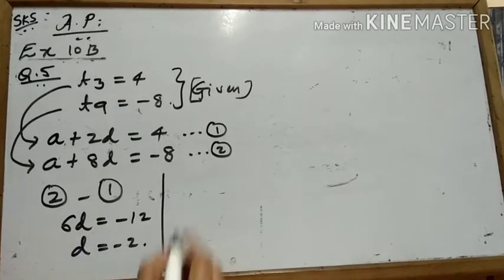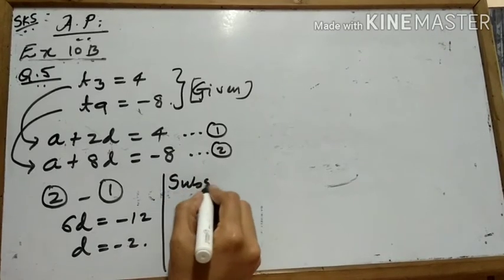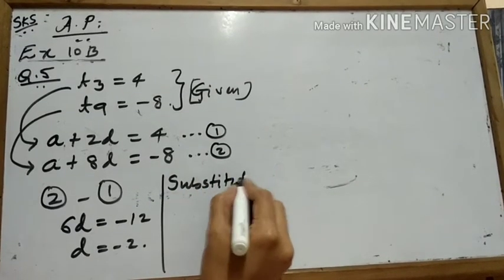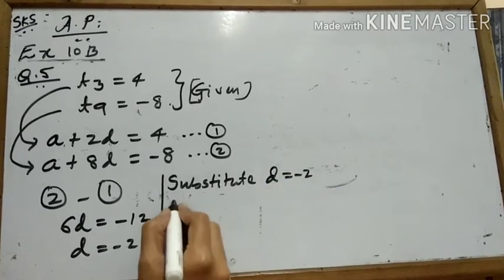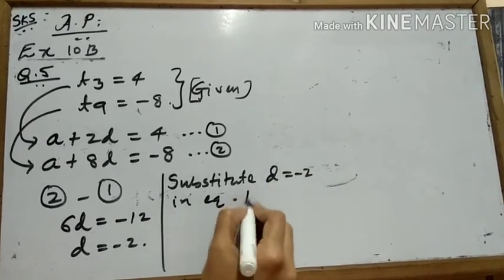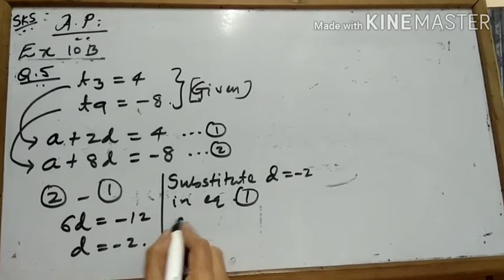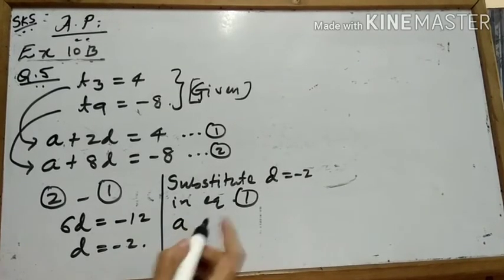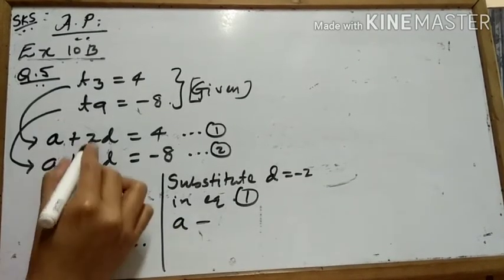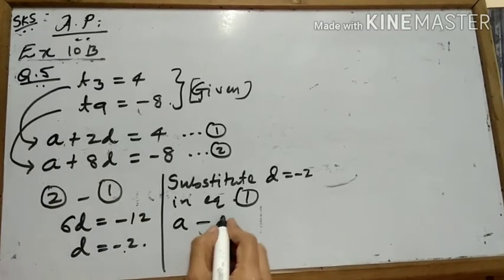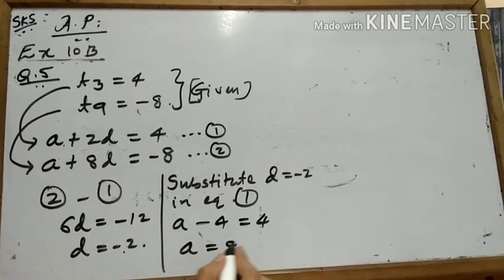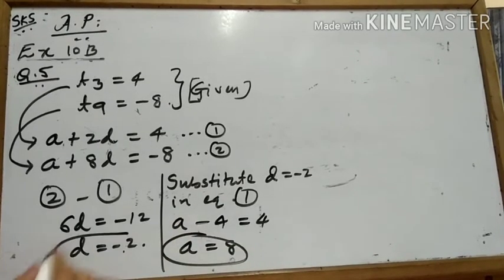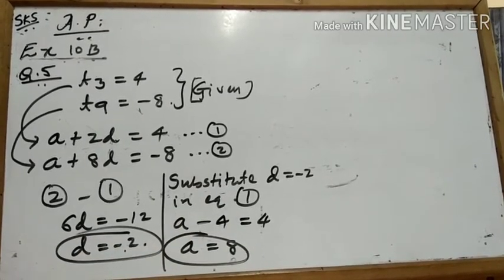If I substitute D is equal to negative 2 in any one equation, in equation 1, my dear friends, what you will see, A plus 2 into negative 2 will be negative 4 is equal to 4. So A will be equal to 8. These are the two important results we got for this particular AP.